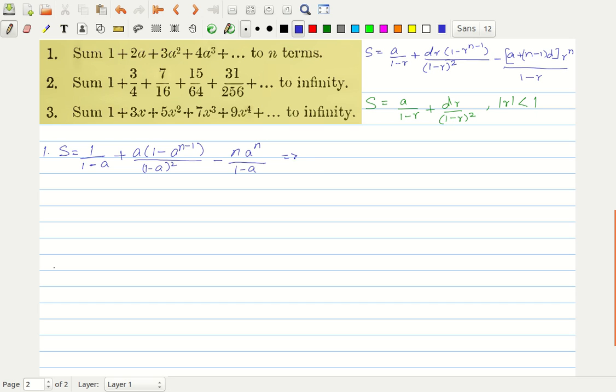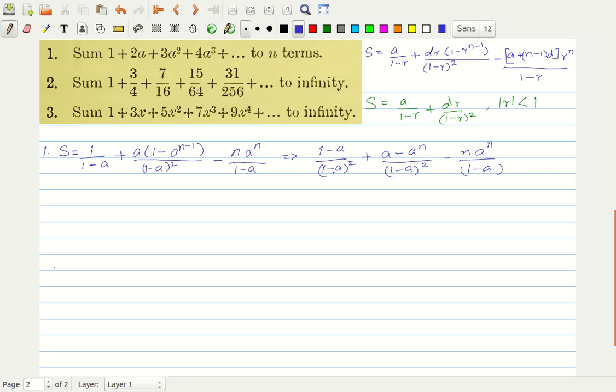Okay. If you want to simplify it, I can simplify it further. Let us say this is 1 minus a divided by 1 minus a square, plus a times a minus a to the power n divided by 1 minus a square, minus n times a to the power n divided by 1 minus a.